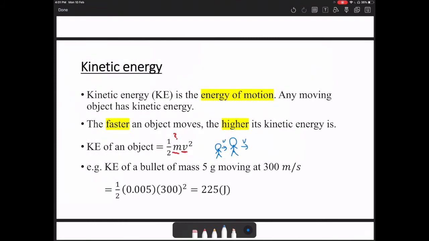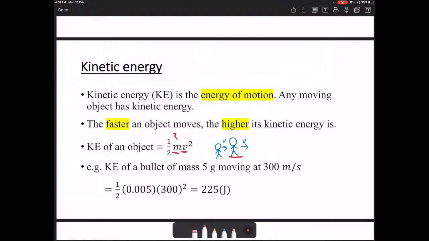Let me ask you, do they both consume the same amount of energy? Of course not, right? The big guy should consume a larger amount of kinetic energy so that they can both run at the same speed. So that's why kinetic energy of an object equals 1/2 times m times v squared. Mass and velocity are both related to kinetic energy.